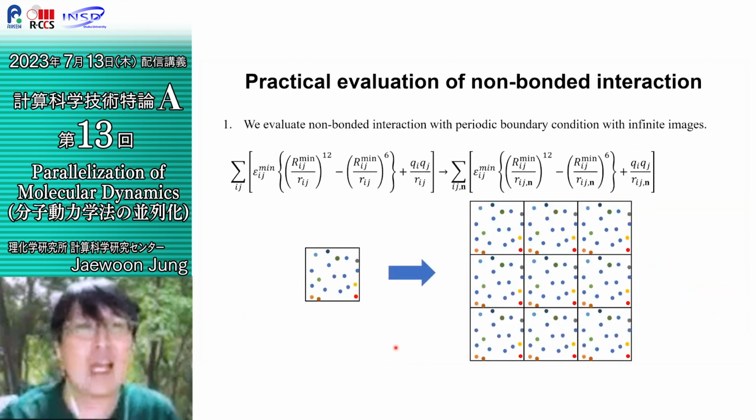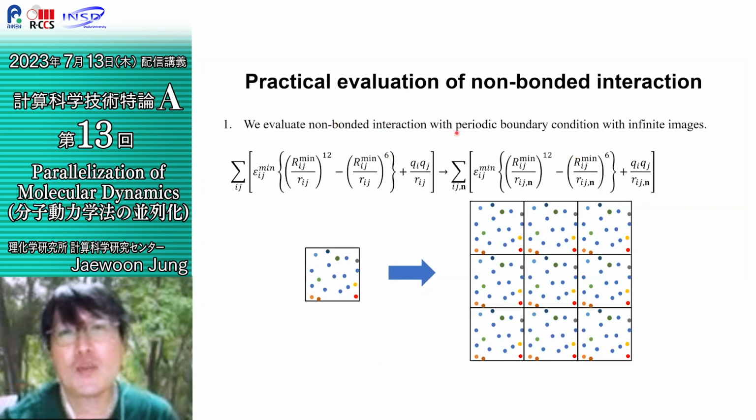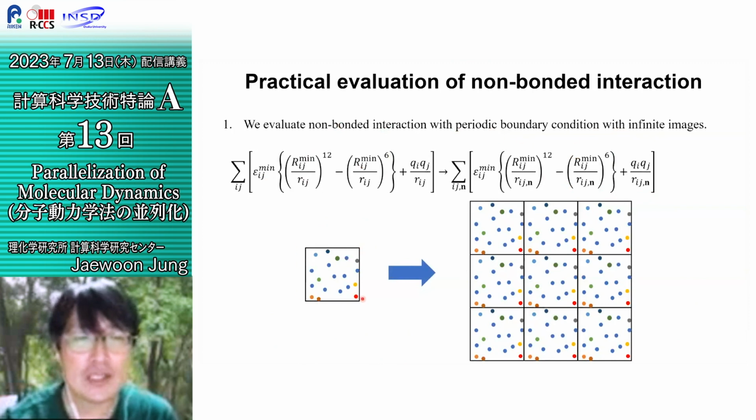And in MD, in fact, we need to consider much more. In many cases, we consider periodic boundary conditions. What is it? Assume that this is the original system, and assume that these are particles.